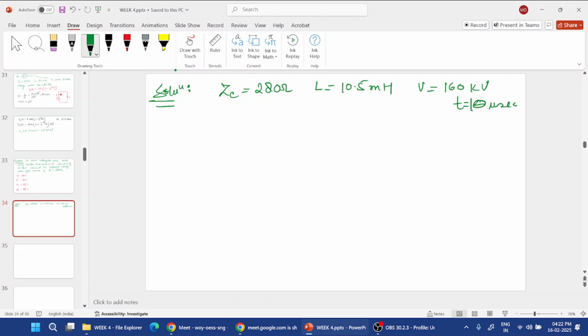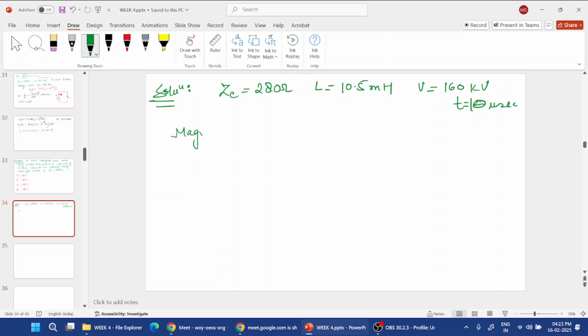So we know that first of all what happens here is that the inductance will get charged up to the voltage 2V, and then after that the voltage will decrease exponentially. So whatever the decay of the voltage will be the magnitude of the reflected voltage.